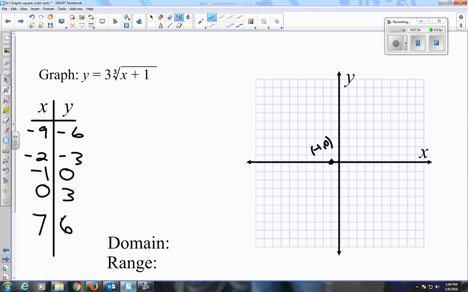Then negative 2, negative 3, and negative 9, negative 6, and then 0, 3, and 7, 6.